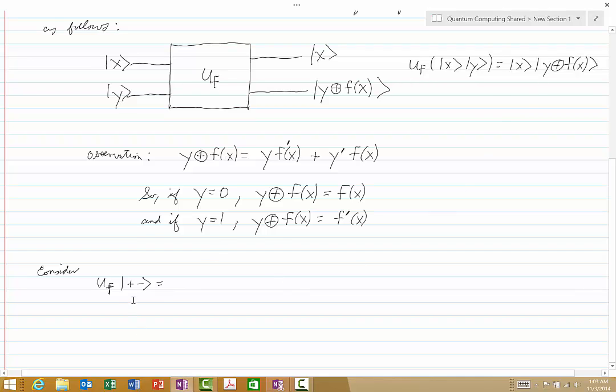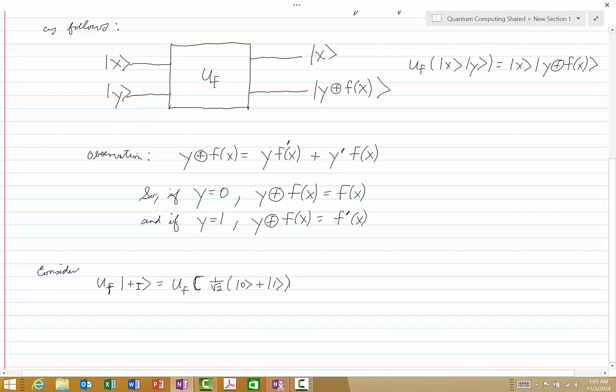Okay, so now we have U_f acting on the 2-qubit state plus minus. Well, to figure out what this is, let's observe that this is the same as U_f acting on 1 over square root of 2, 0 plus 1.